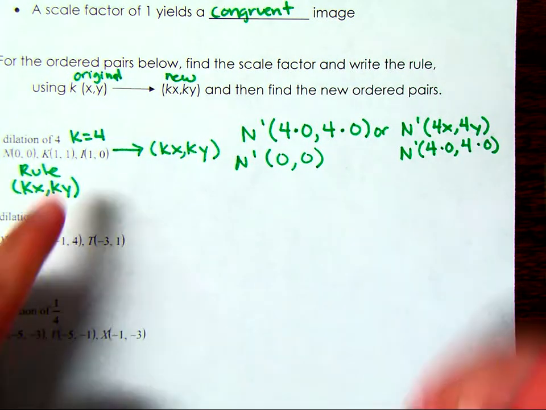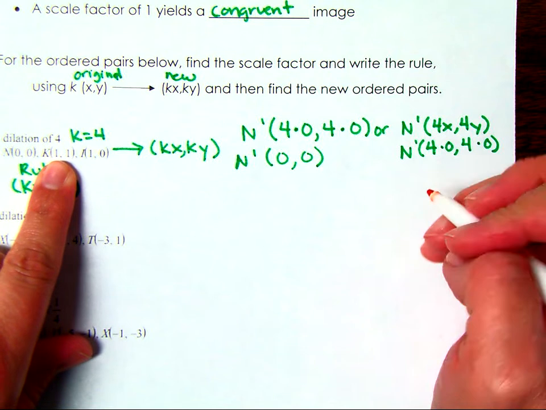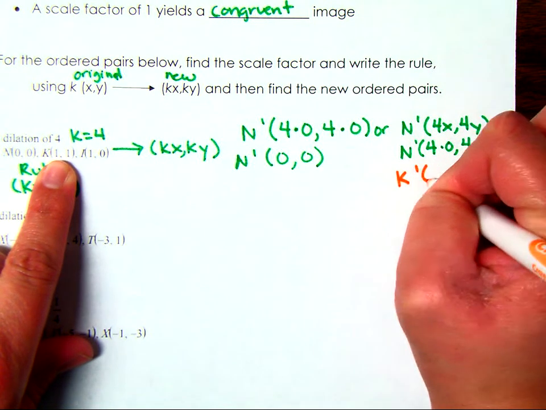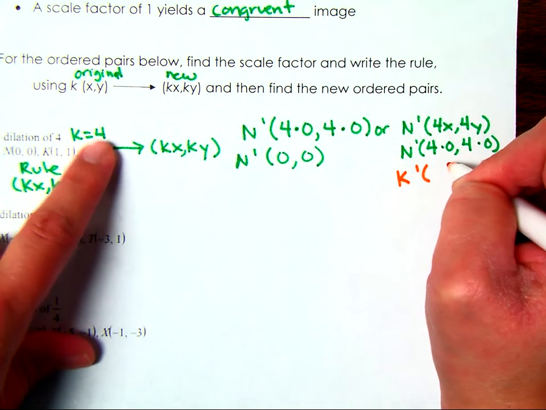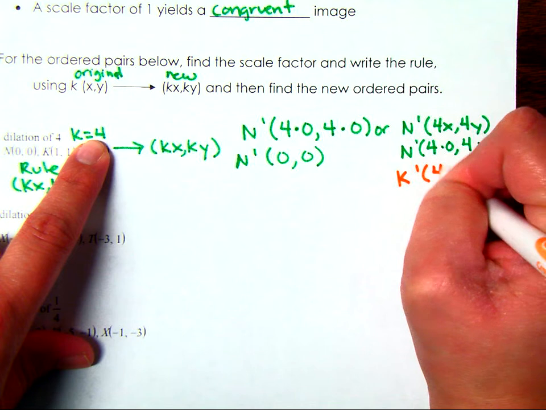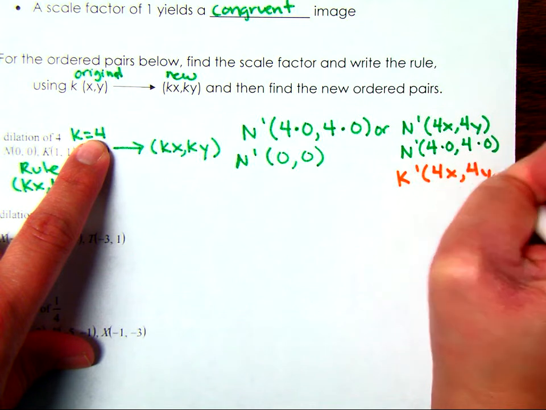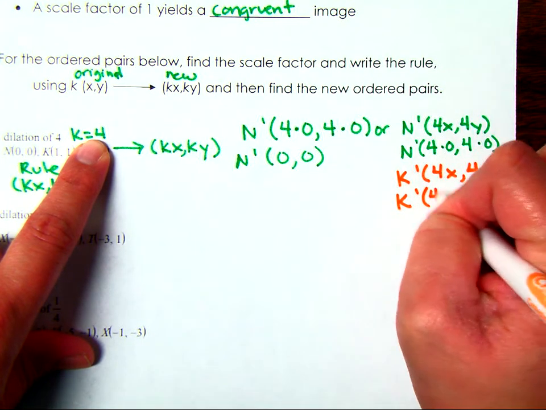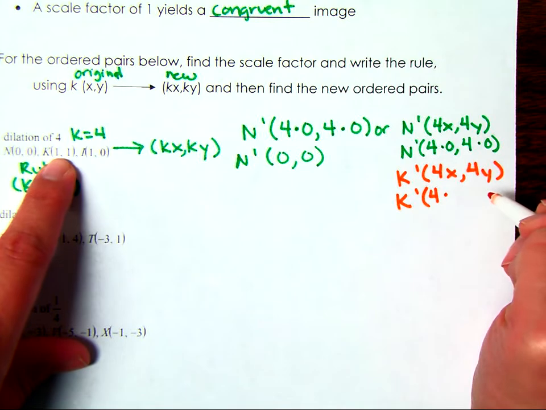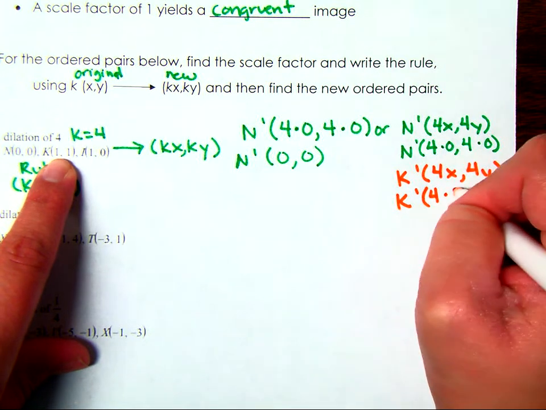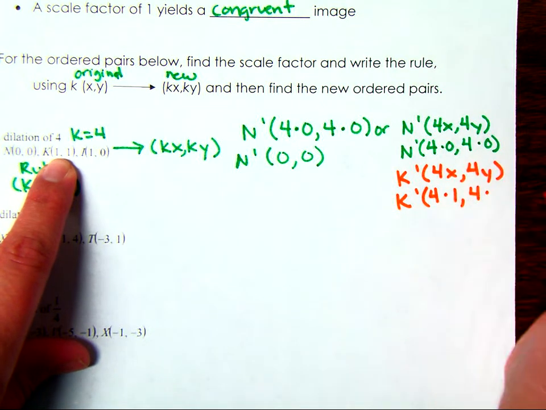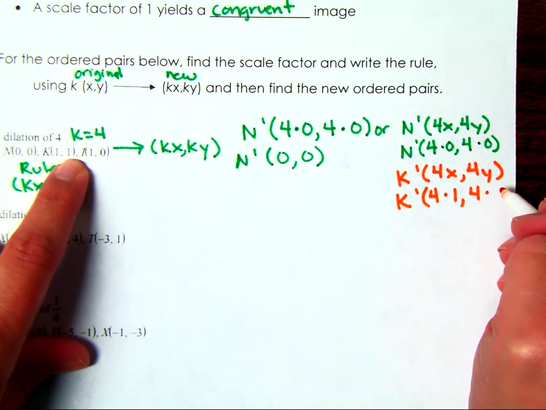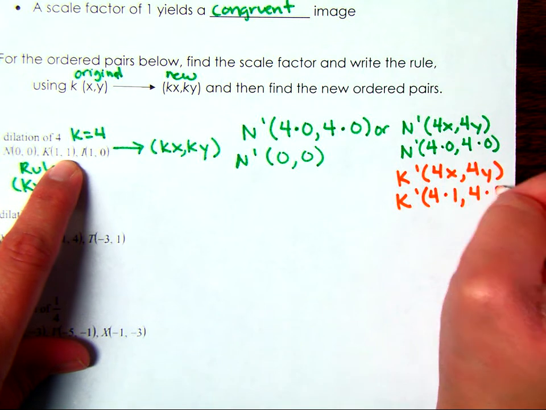All right, let's use different colors to help us out. For K, which was (1, 1), let's think about the rule. K prime, with my dilation of 4 meaning my scale factor is 4, is going to be 4x, 4y. If I substitute that in, 4 times my original x for K, which was 1, because that's my scale factor, and my original y for K is 1.